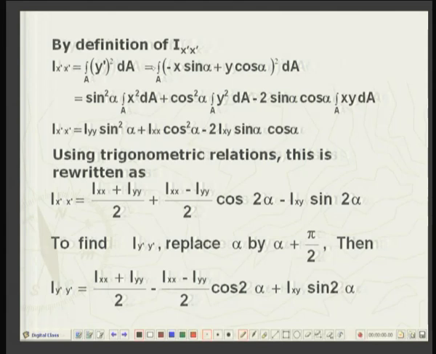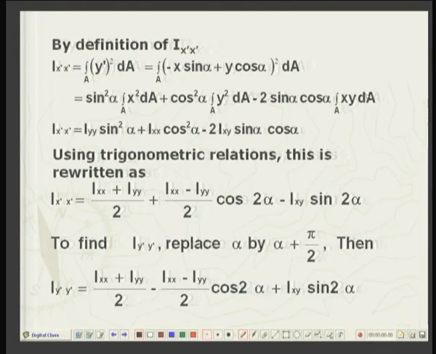This integrand is expanded, and since alpha is constant, sine alpha and cosine alpha are also constant, so they can be taken outside the integral. So, sine square alpha times the area integral of x square dA plus cosine square alpha times the area integral of y square dA minus 2 sine alpha cosine alpha times the area integral of the product term, xy dA.